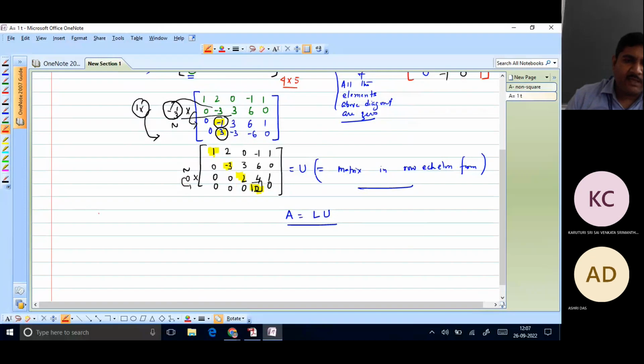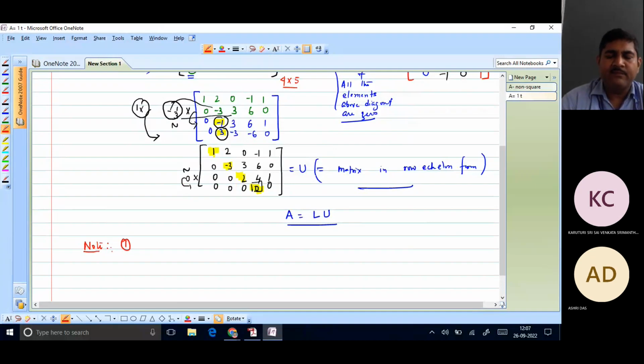Okay? And one thing which I want to say here that is extremely important, and that I am writing as a note. First of all, when you are performing elementary row operations, there are 3 types of row operations. First, scaling.